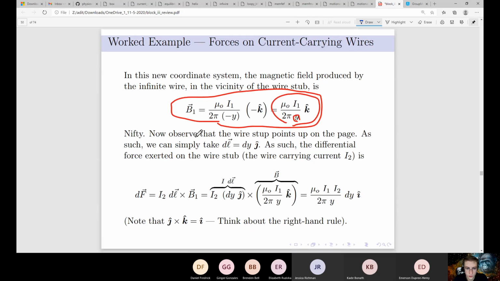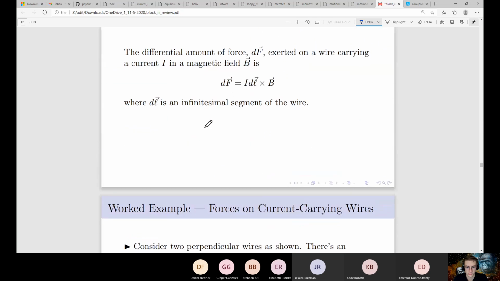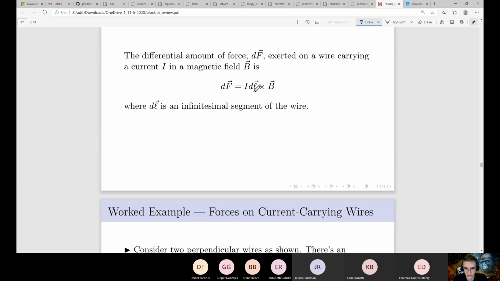So we're using the force equation, which is dF is equal to I dl cross B. So we need to take a cross product. And this whole entire thing, I dl, describes some infinitesimal piece of wire that's subject to the force.